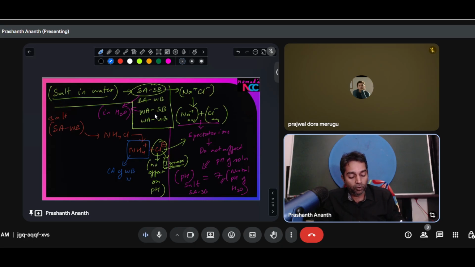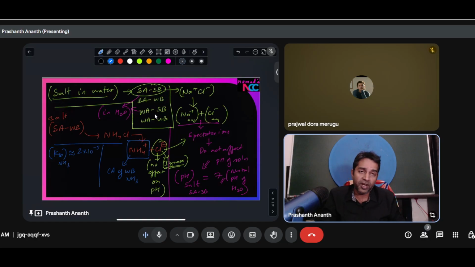What weak base? Ammonia. Now, what is the Kb value of ammonia approximately? The Kb value of ammonia is approximately 1.8 x 10^-5, which I am going to approximate further as 2 x 10^-5 for easier calculation wherever necessary. So we can now get the Ka expression.